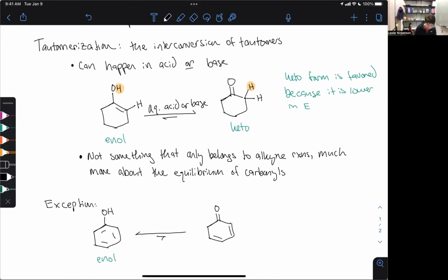The enol form is favored also because we're forming something that's lower in energy, because now we're forming a benzene ring. So the enol is favored because the benzene is very, very stable.